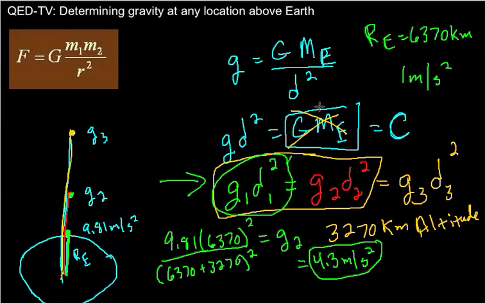Okay, so I'm looking for an altitude. So I can take this equation here, and I'm going to solve for d squared, I'm going to solve for d2. So I'm going to have g1, which is 9.81, times the distance to that place squared, 6,370 squared.